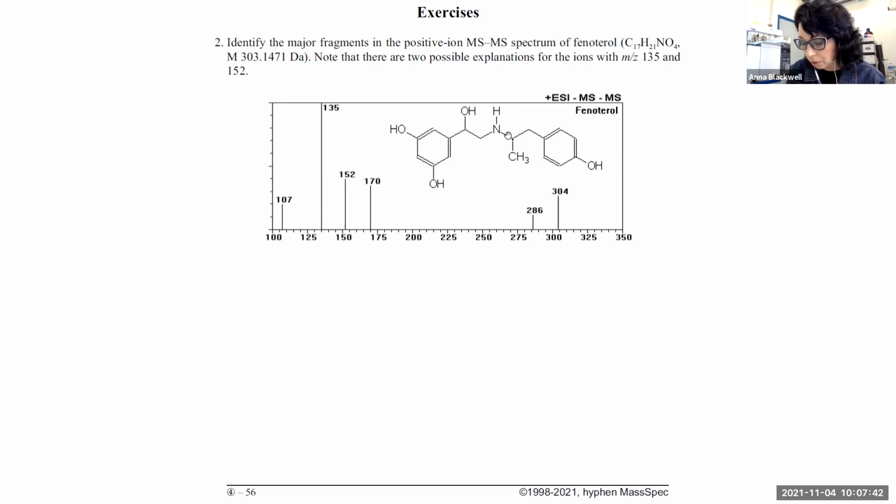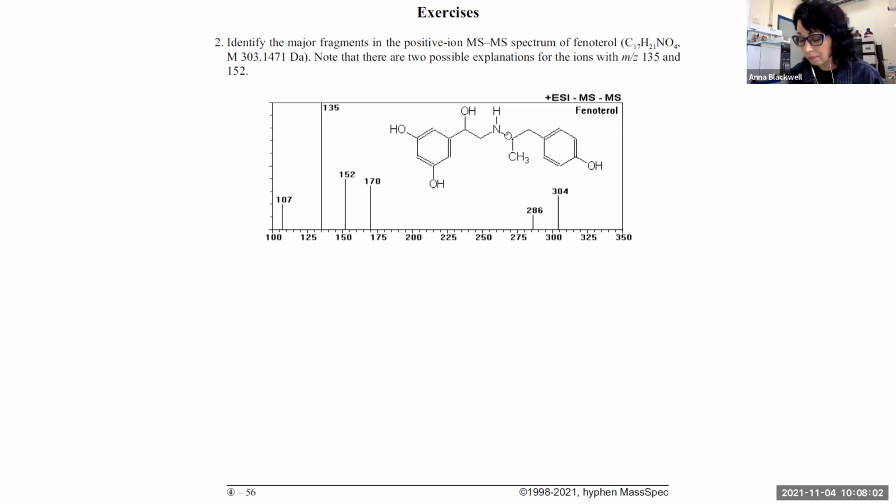After that, I suppose this fragment lost HCCH2, and we have fragment 107, I suppose.